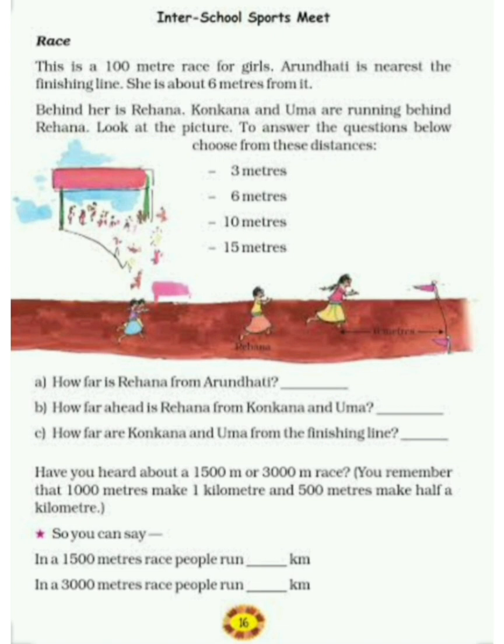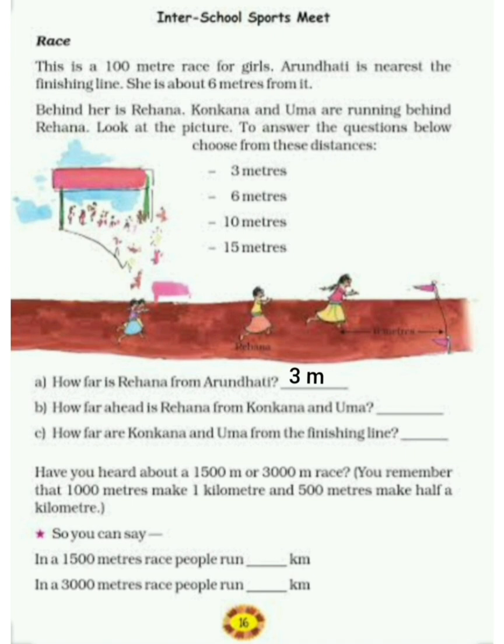Okay. Let us see the questions. How far is Rehna from Arundhati? Dear students, Rehna is a short distance from Arundhati. Yes, so I have written here 3 meters. Okay. Question B. How far ahead is Rehna from Konkana and Uma? Let's see here. After Rehna, who is there? Konkana and Uma.